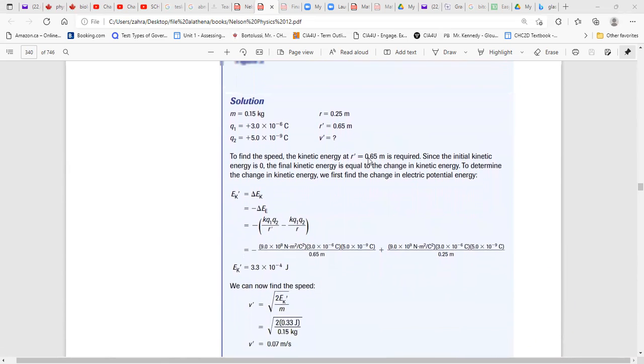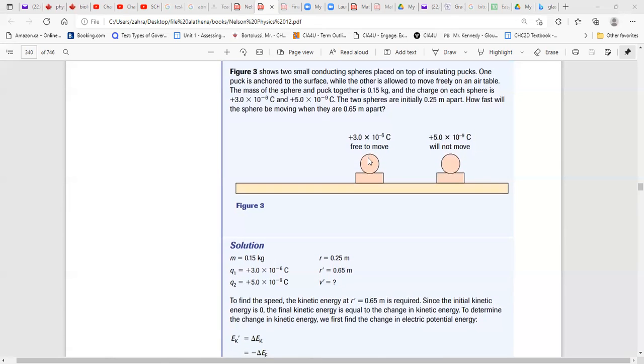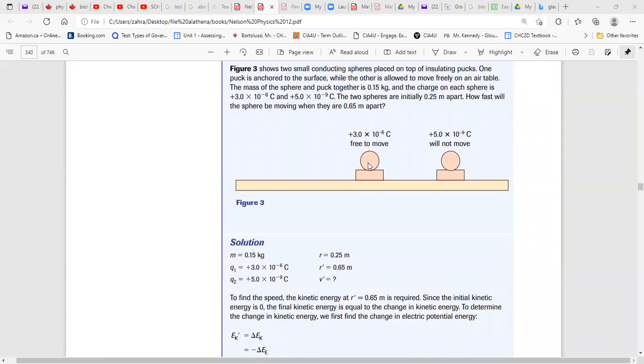Also, after they interact, these poles are positive, so it will move to the left. When they get to the distance of 0.65, this has a velocity and it has a potential.